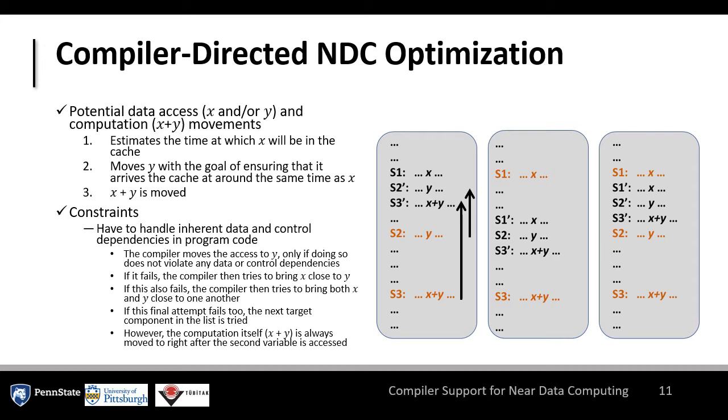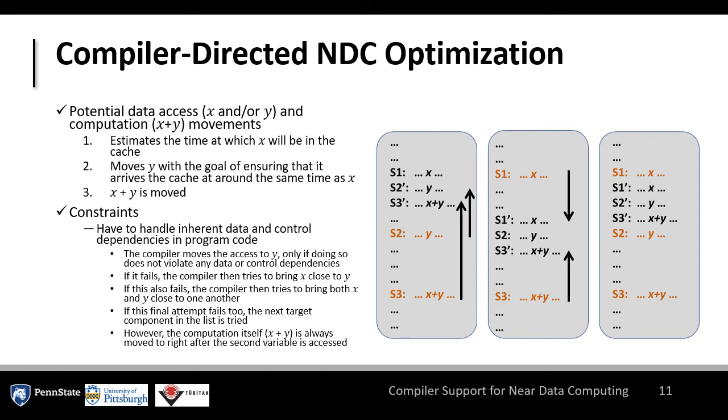On the other hand, if I predict that X and Y are going to be cache misses, then I'm going to insert X plus Y here, but this time I'm going to take advantage of the near data computing opportunity in the network on chip. In this particular case, I'm moving Y and X plus Y together.